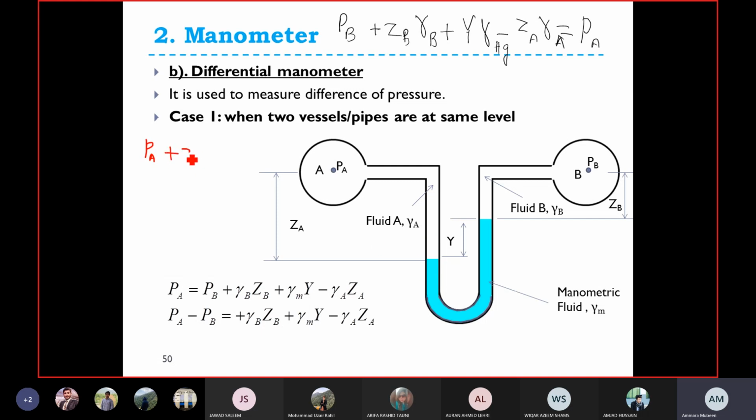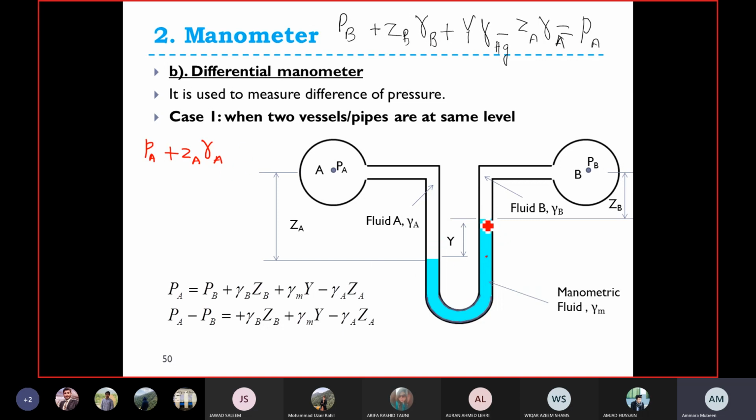So plus ZA into which fluid is that? It is gamma A. And then again this U part would be cancelled. The depths are equal and the fluid is the same, so the pressures are cancelled. And then we are left with from here to here.